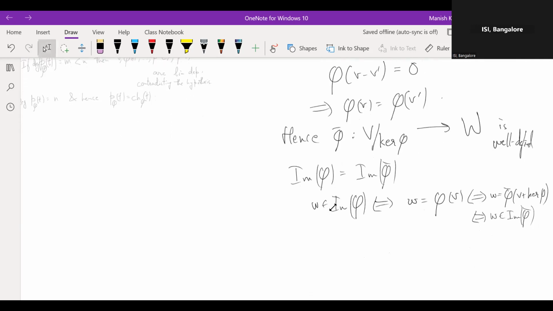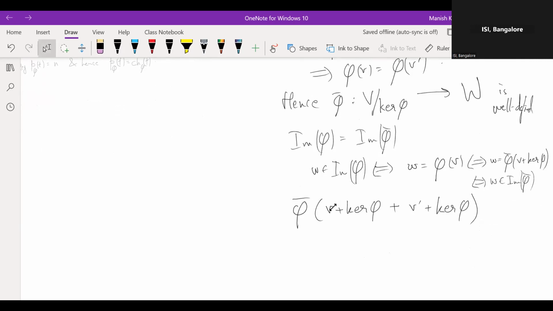And phi bar is linear. So check: phi bar of V plus kernel phi plus V prime plus kernel phi. You start with two elements and you show that it is additive. That is what you'll have to show. By definition, this is phi bar of the sum of these two left cosets, which is V plus V prime plus kernel phi.